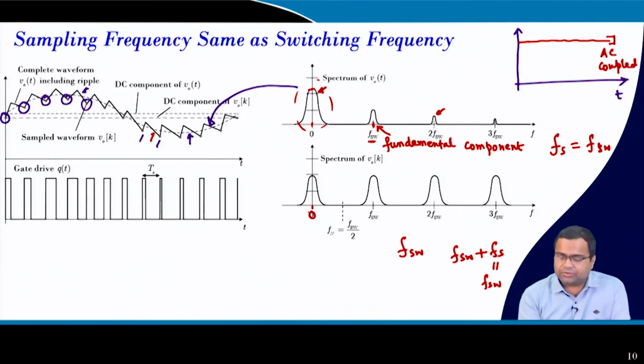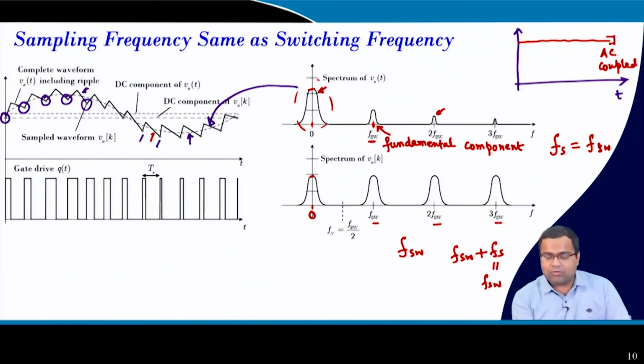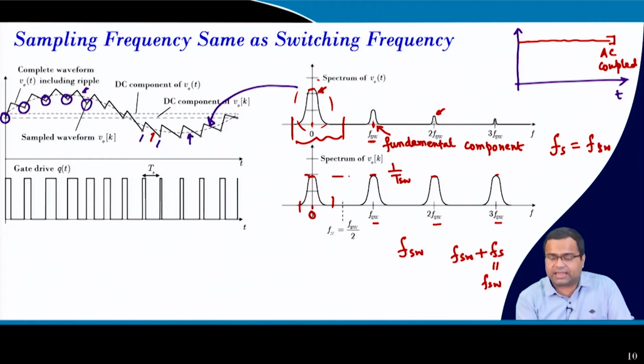So, we will get 0, FSW, 2 FSW, 3 FSW, and all will have equal amplitude, because this is a band limited signal. And we saw that if a periodic signal, if we take only this part of the component, is passed through a sampling block, only this part will be repeated multiple times, and they will be scaled by 1 by TSW, if this quantity is 1, right, that we have seen.